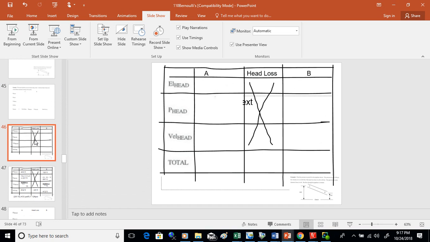Now I like to put this stuff in a chart, something like that. So I want A and B for columns, a head loss column in the middle, and then I just want rows for elevation head, pressure head, velocity head, and the total. I'll just fill them in. This makes it easy for me to organize the information. Everything that goes in the chart should be in feet of head.